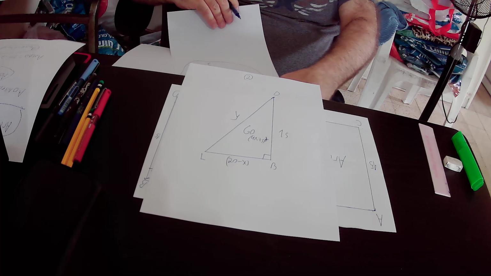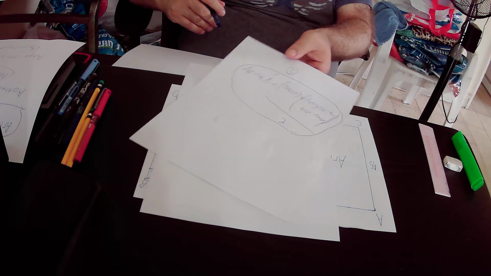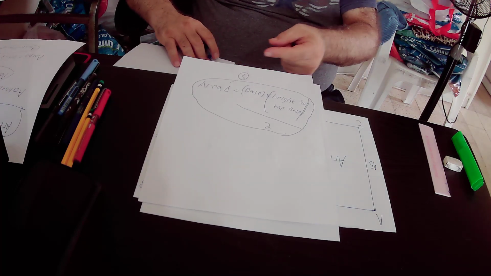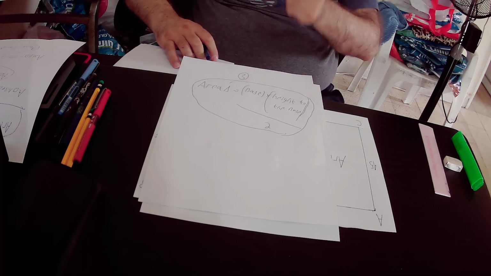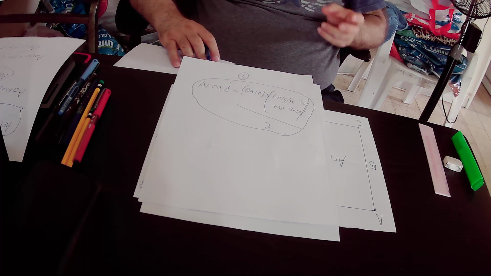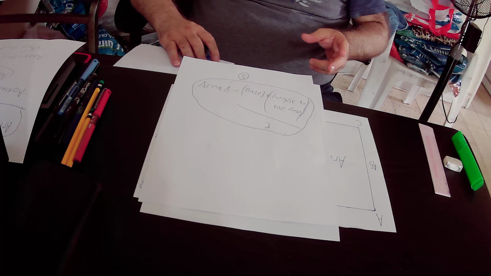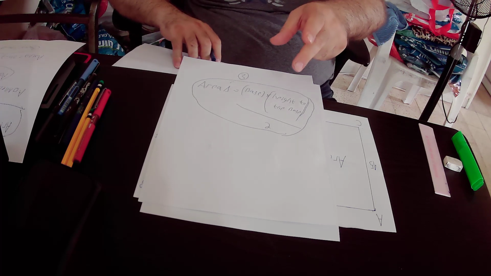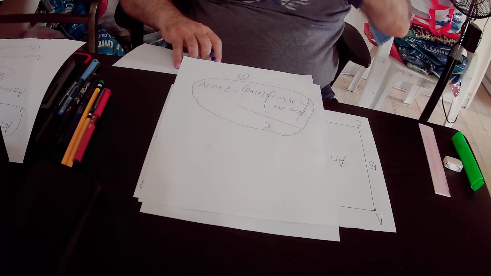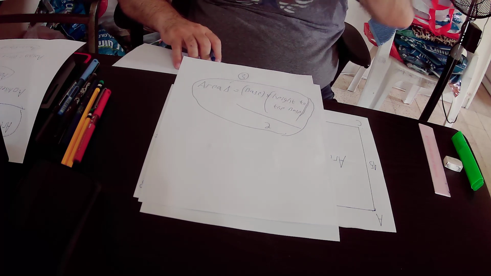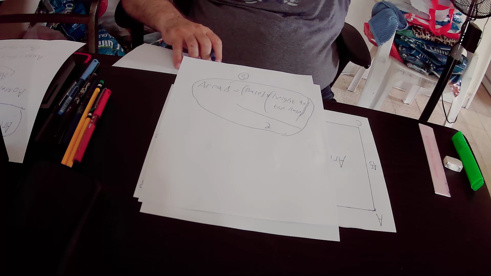So the formula for the area of any triangle in the world is the base of the triangle times the height to the base over 2. And you should remember that the height to the base must create 90 degrees with the base. So the height must be perpendicular to the base. Okay?